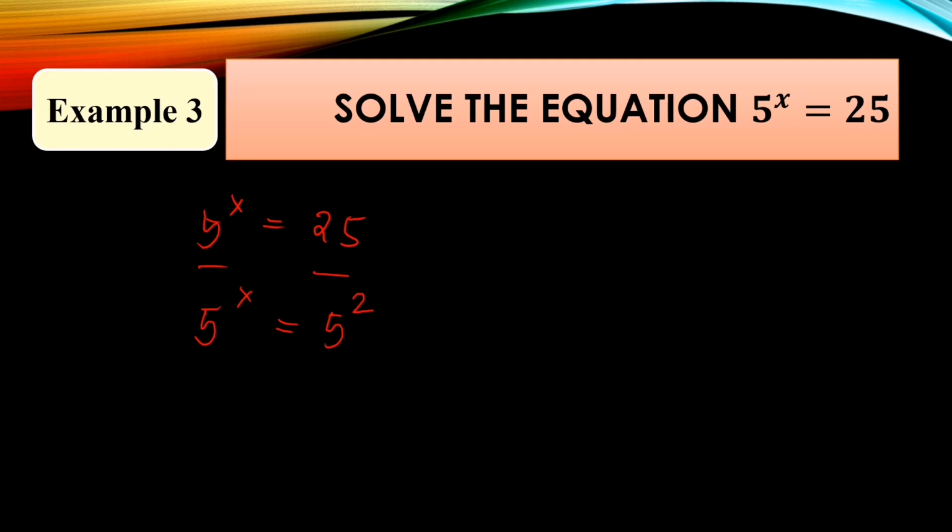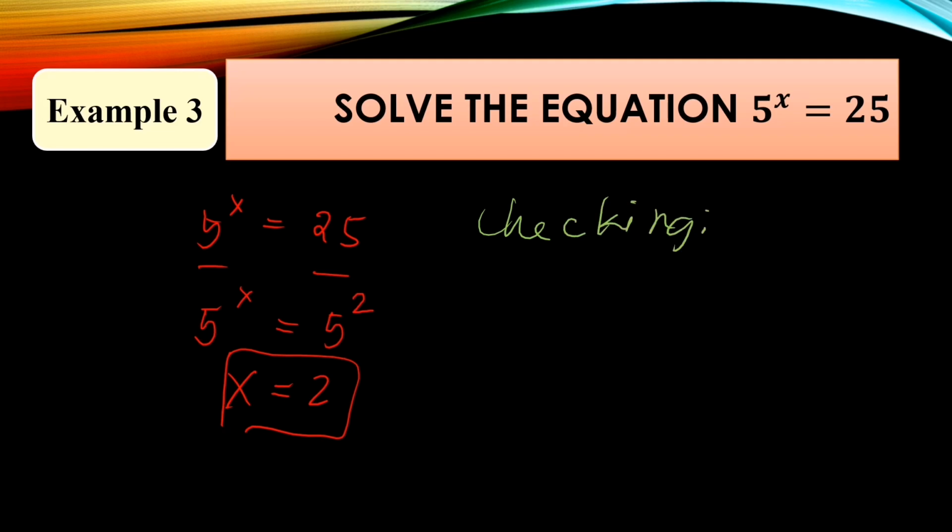So pull out the exponent. So x is equal to 2. So the value of our x is 2. So let us check. 5 raised to x is equal to 25. So 5 raised to 2 is equal to 25. So 5 squared is 25, is equal to 25. Check.